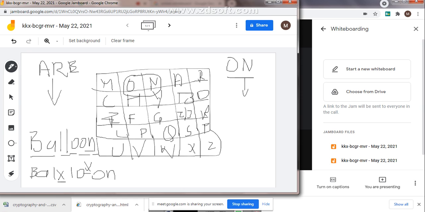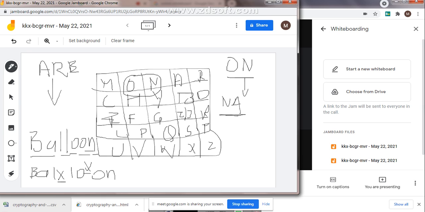Now, for example, I'll take ON. This is the plain text. Plain text containing the letters ON is one pair. Now I want to convert it into the cipher text. According to the rule, these two letters are in the same row. They are present in the first row itself. So at that time, what are you going to do?